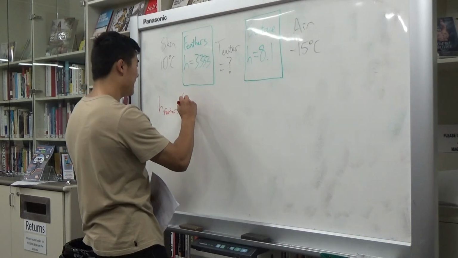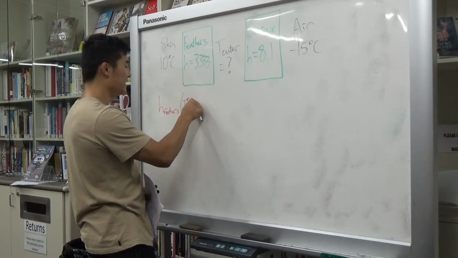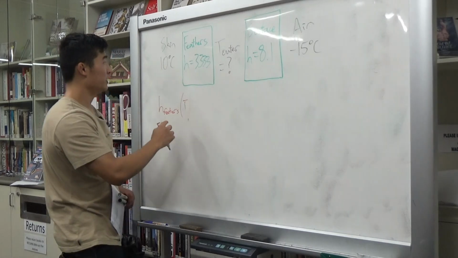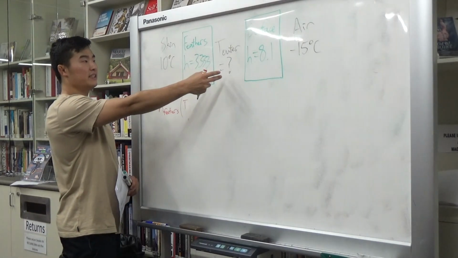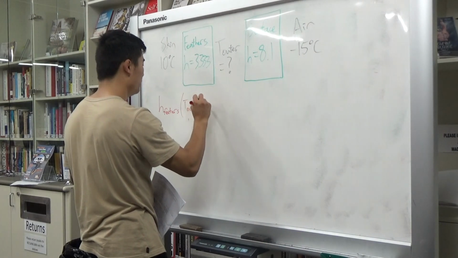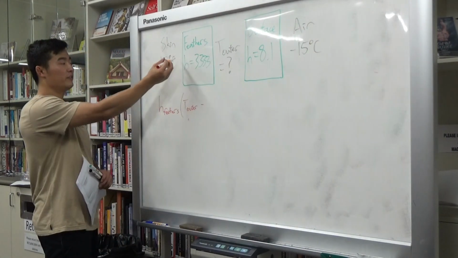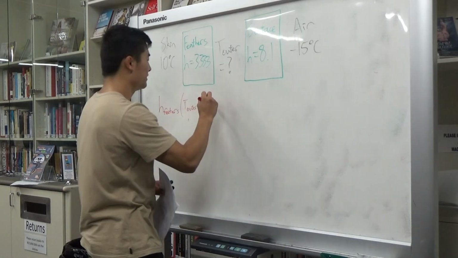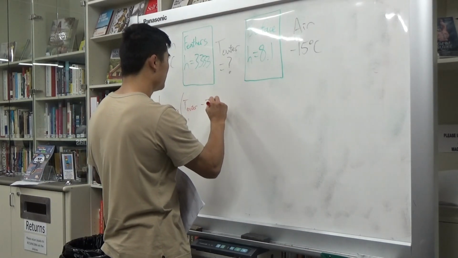And it's going to be T outside minus T inside. And so the outside of the feather layer is the T outer, which we don't know, minus the inside of the feather layer, which is the skin. So that's T skin.